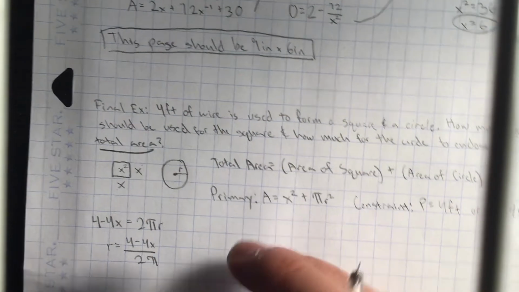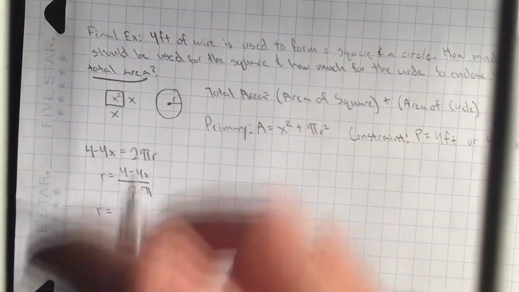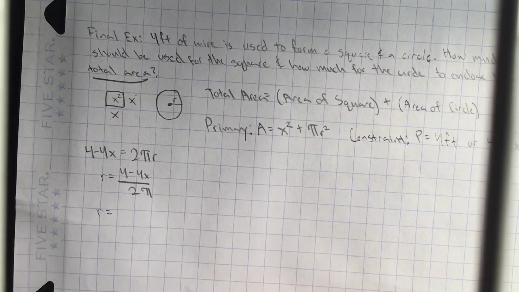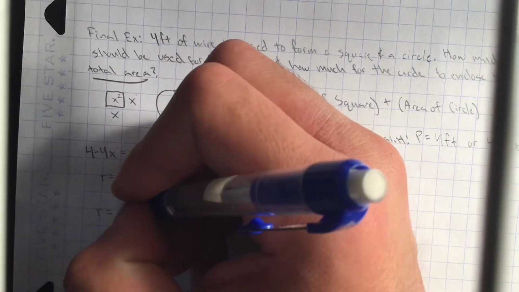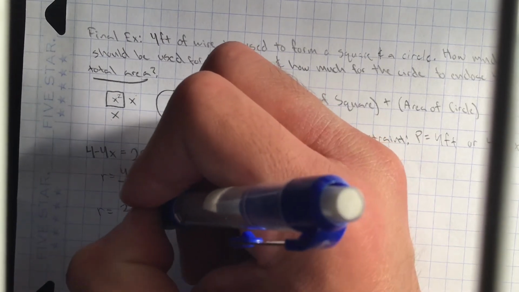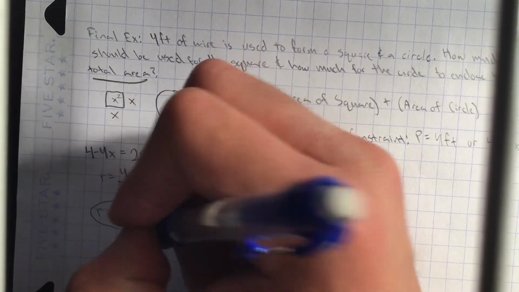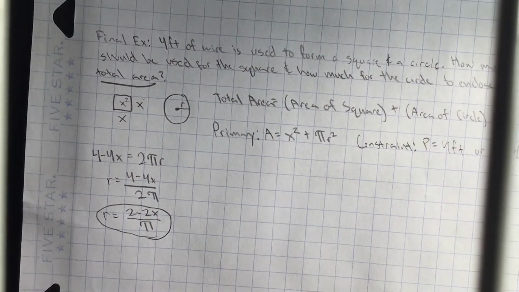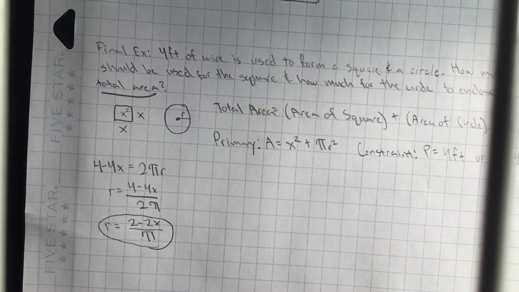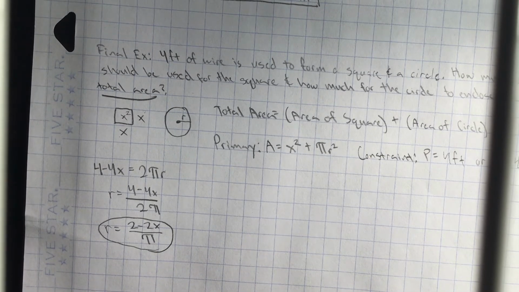And we can simplify that by dividing by the 2, and then we just get r equals, or radius equals, 2 minus 2x over pi. Voila, that's our radius. So now we need to plug that into the primary equation.